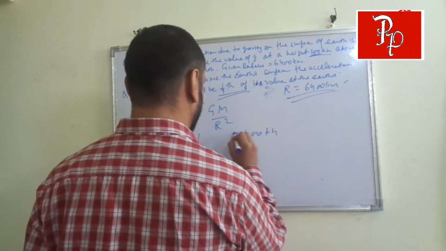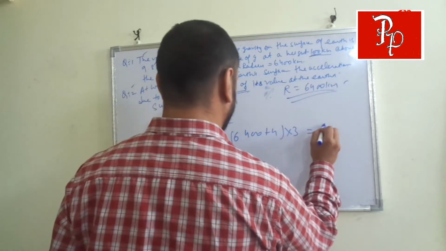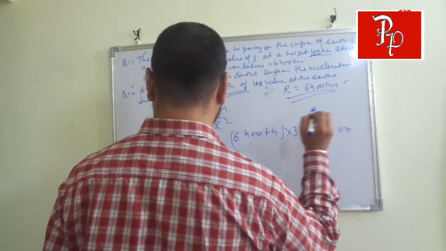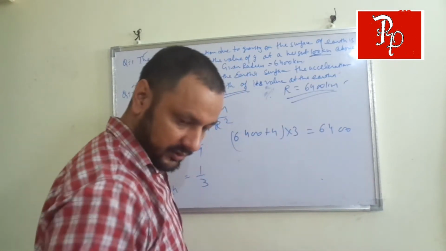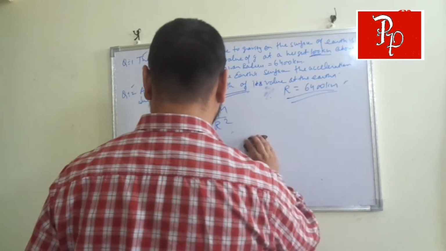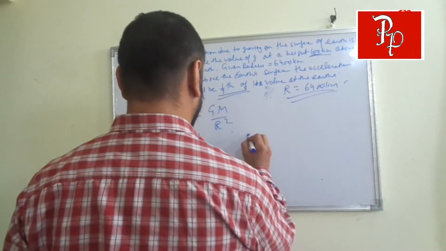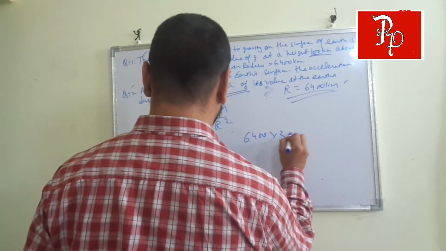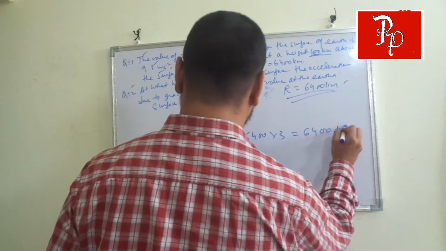Now it comes out to be 6400 plus h into 3, and it is 6400. Sorry, 6400 into 3. By mistake I have written this. That is 6400 into 3 equal to 6400 plus h.